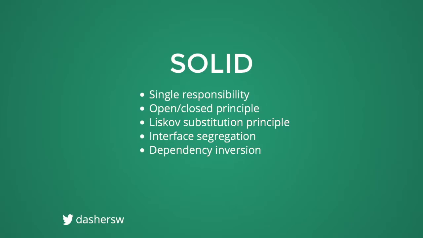The idea is, again, whether it's a class or a package or a component, it should be open for extension, which means you can add new capabilities to it. But it should be closed for modification, which means the previous features added to it shouldn't be modified.